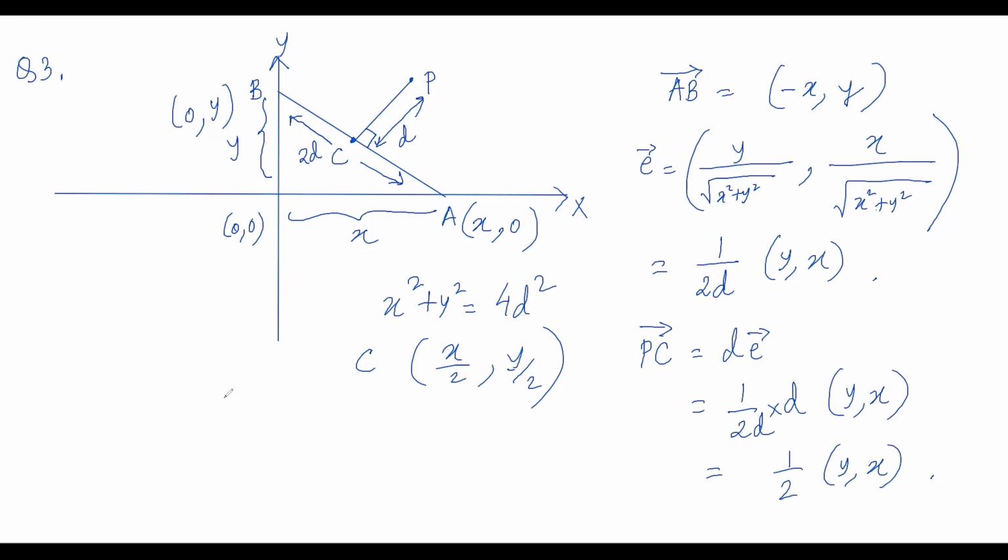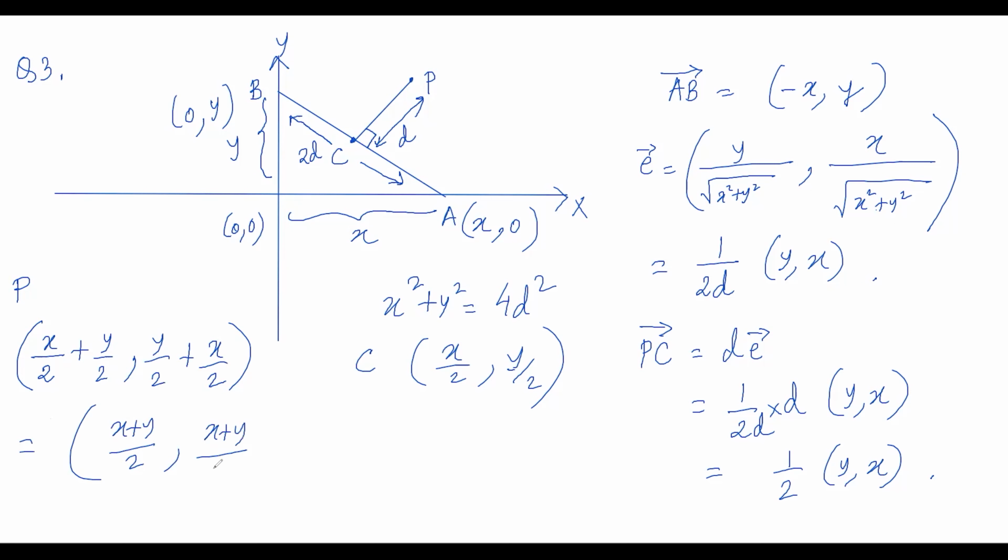And from here what we can get is the coordinates of P. The coordinates of P are the coordinates of C, that is x over 2 plus y over 2 and y over 2 plus x over 2. So this is the point P. And so that is x plus y over 2, x plus y over 2.